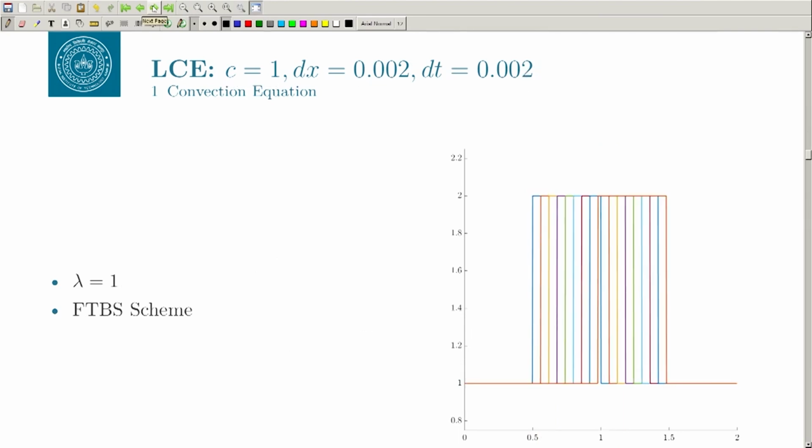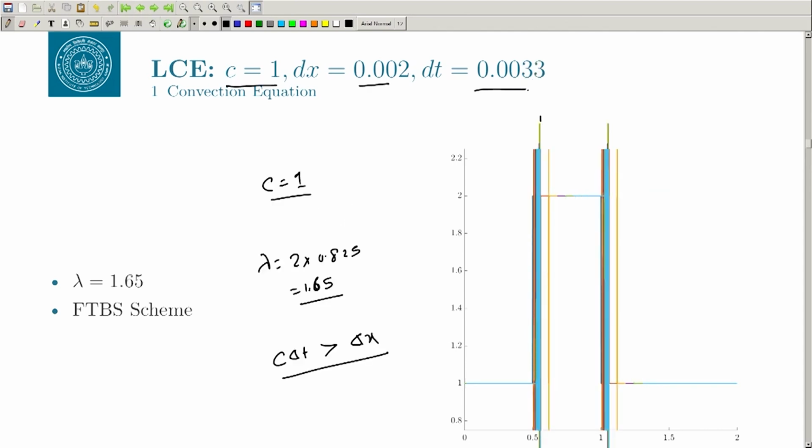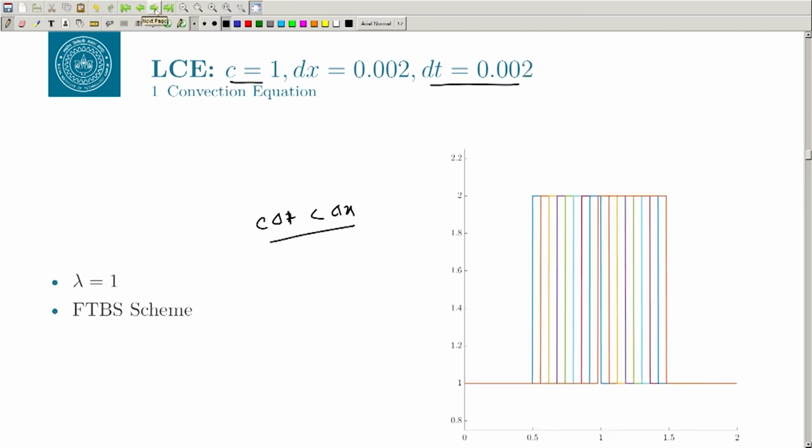So, if you are increasing your convection speed, you have to accordingly reduce your delta t, so that your C delta t is smaller than delta x, and that is what we have done here. Earlier my delta t was 0.0033, we have reduced it to 0.002 and it is just equal to 1.